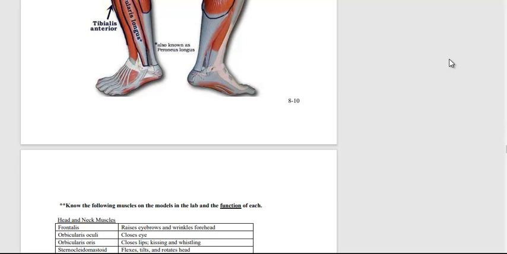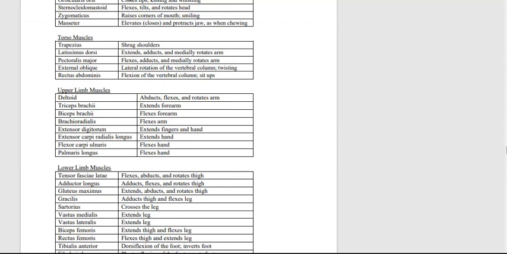You need to go to the lab manual that does not have answers to get the rest of this lab. So if you come down here, you need to be able to tell what these different muscles do. Again, a lot of them are very obvious. The frontalis is around your frontal lobe. It's going to raise your eyebrows and wrinkle your forehead. The orbicularis oculi closes your eye or causes you to squint.